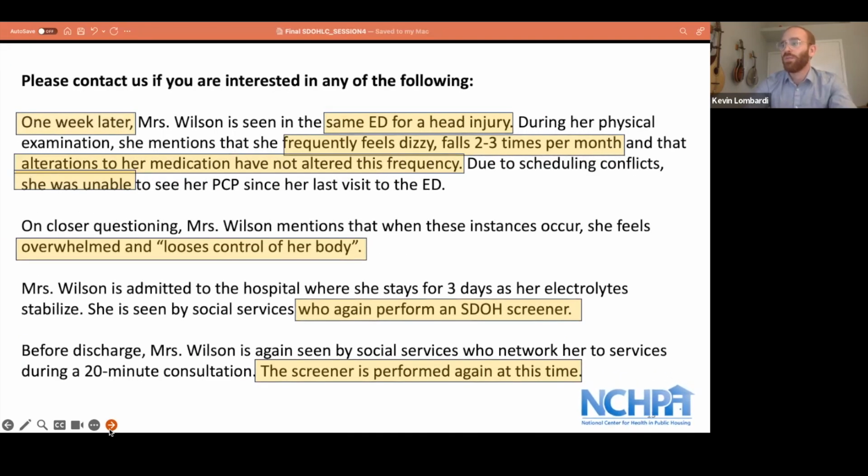And to look at the follow-up visit. It's very clear that the SDOH concerns are exacerbating existing chronic illness, and this is an opportunity to link someone to social services. The individual is linked to social services, but the screening process is the beginning of this process.